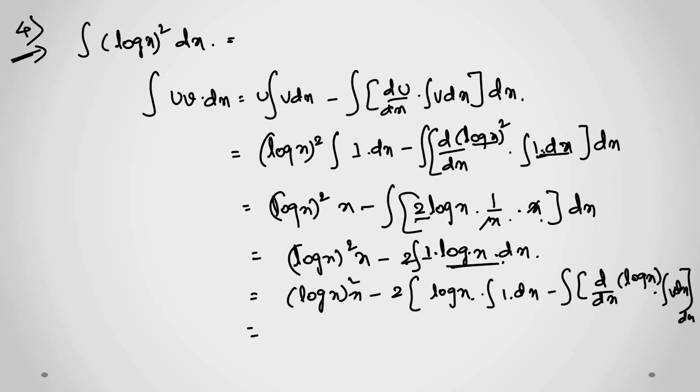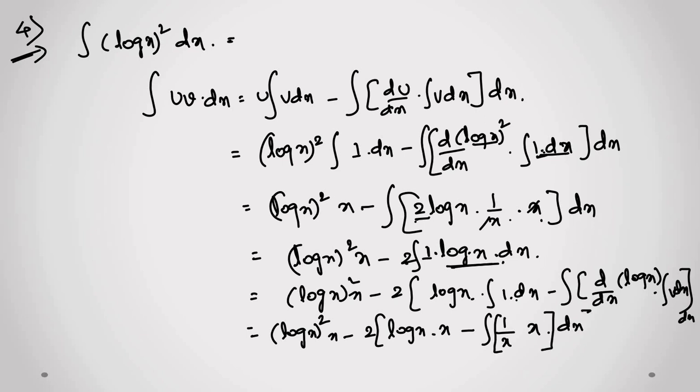So the value will be (log x) whole square into x minus 2 into, log x remains as it is, into x, minus d by dx of log x, which is 1 by x, into x dx. The x gets cancelled, so 1 remains.